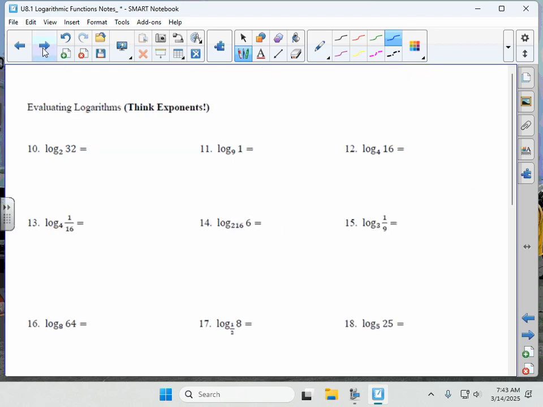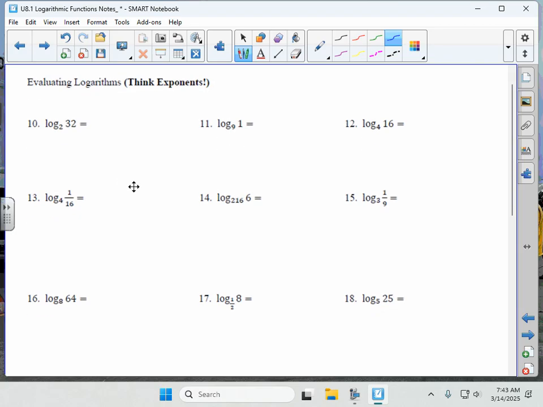All right, evaluating logs. So to start this off so you can see what we're doing, we can write this in exponential form. We can take the log, set it equal to some variable, we'll call it x, and then we can change it from log form into exponential, and then we could solve for x.